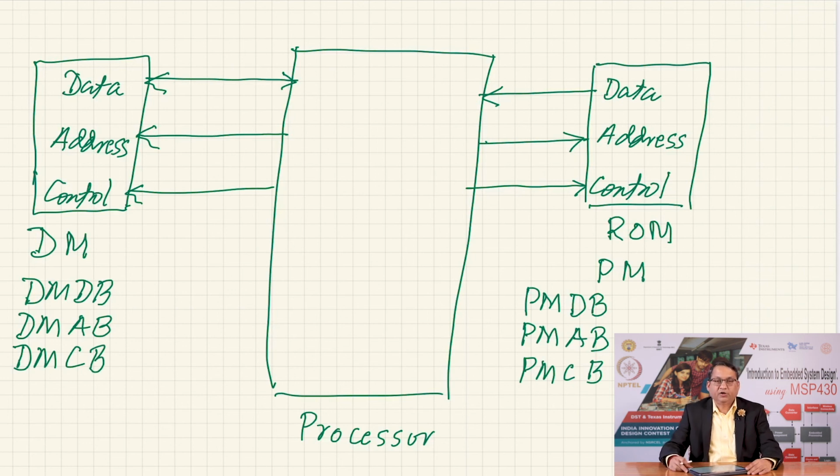What advantage does it offer? You can do two simultaneous operations. What is the disadvantage of this approach? Perhaps you require twice as many pins on the physical microprocessor, and so it will lead to a bigger package. But that's a trade-off you as a designer must evaluate whether performance is more important to you or the size of the chip is more important to you.